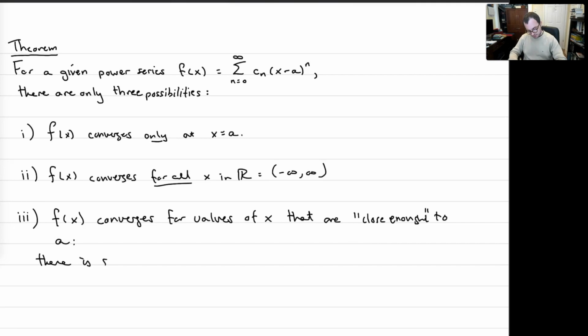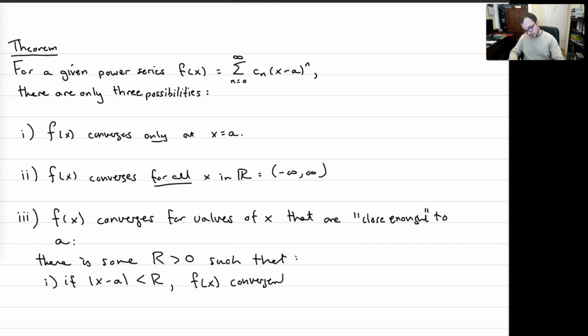So there is some positive real number r such that, 1, if |x - a| < r, then f(x) is convergent. So if I am within r, if x minus a is less than r apart, then you have a convergent series. And if you're too far away, if the distance between x and a is bigger than r, then f(x) is divergent.